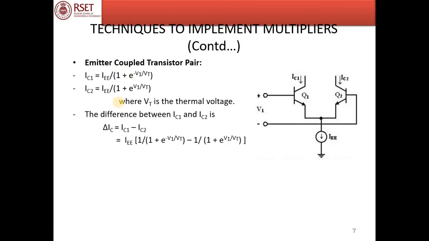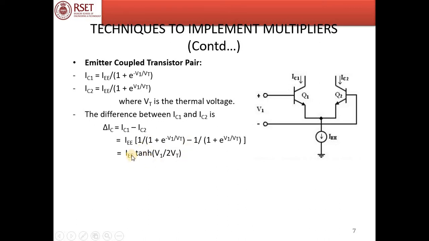We substitute the equations. Now this can be expressed in terms of the hyperbolic tan function, as IEE into tanh of V1 by 2Vt. 1 by 1 plus e raised to minus V1 by Vt minus 1 by 1 plus e raised to V1 by Vt can be expressed in terms of the hyperbolic tangent function like this.